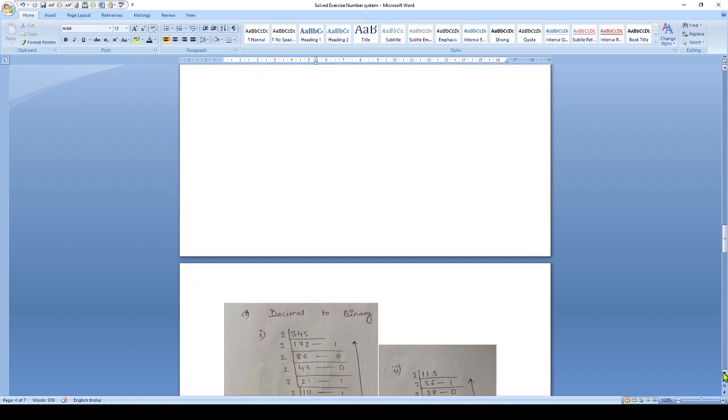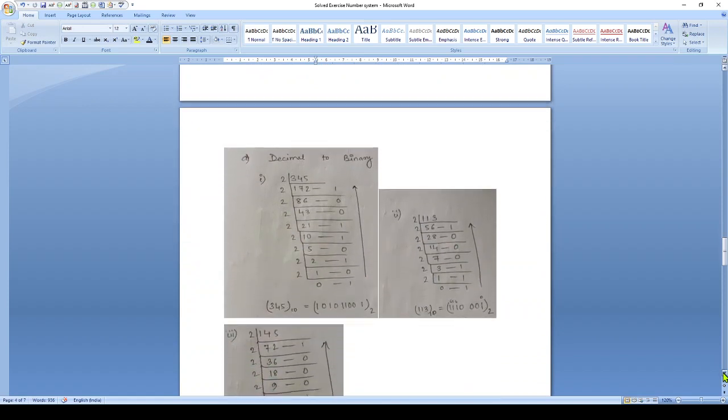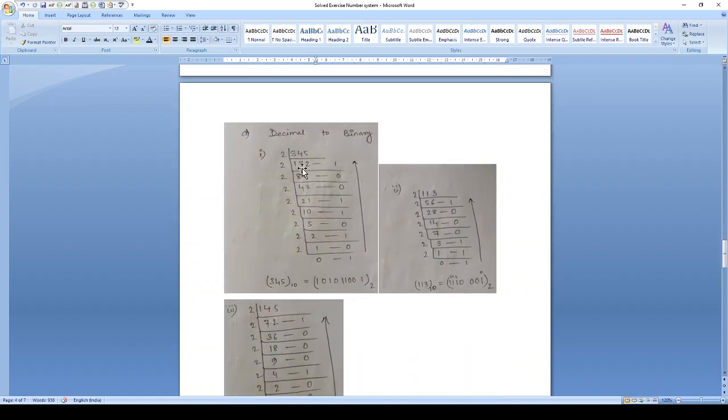So how to convert 345 in decimal to binary? 345 is in decimal, and you want to convert it to the binary number system. What is the base of binary?